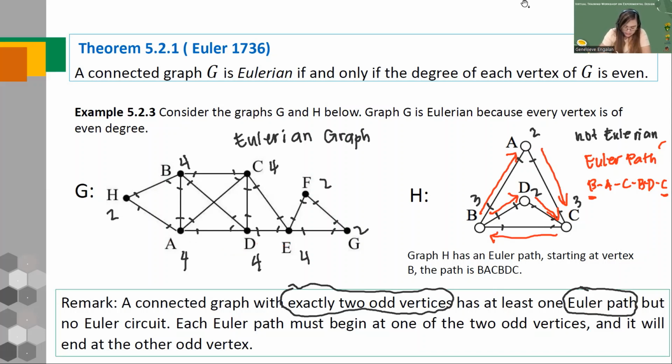So, pwede ta, no? Without lifting my pen, I will draw this or I will trace this. Okay, so you can try it for yourself. Ma-download man ang PDF ani, no?